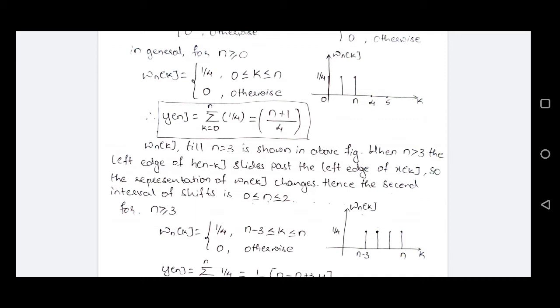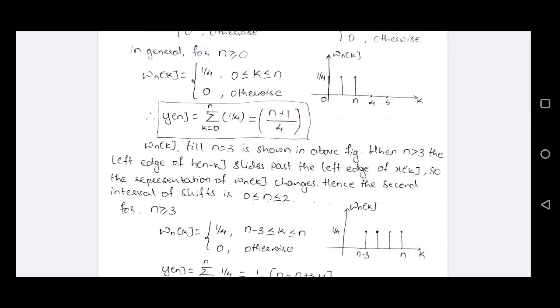For n greater than 3, the left edge, that is the last sample with index n minus 3, slides past the left edge of x of k. So again there is a change in mathematical representation. The above expression y of n equals n plus 1 divided by 4 is valid only for n values between 0 and 2.